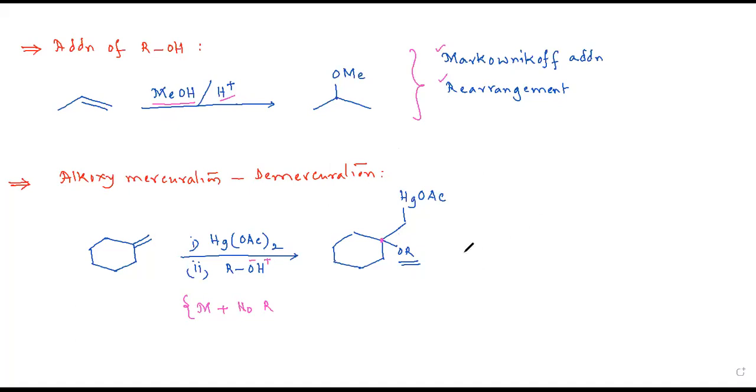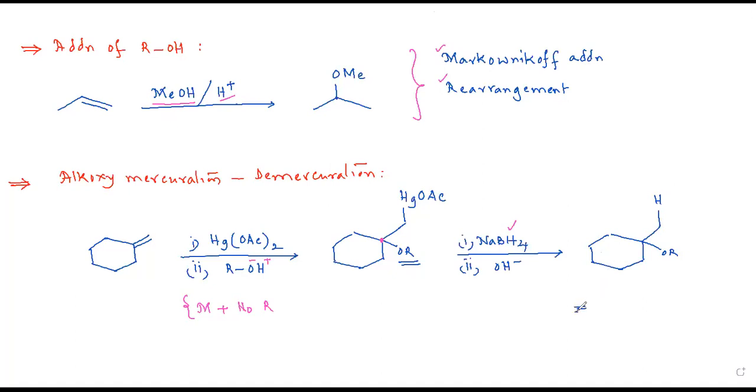Now in the second step, I mean demercuration, take sodium borohydride as usual, from which we'll be getting a hydrogen. Okay, here it will be the hydrogen what we get.